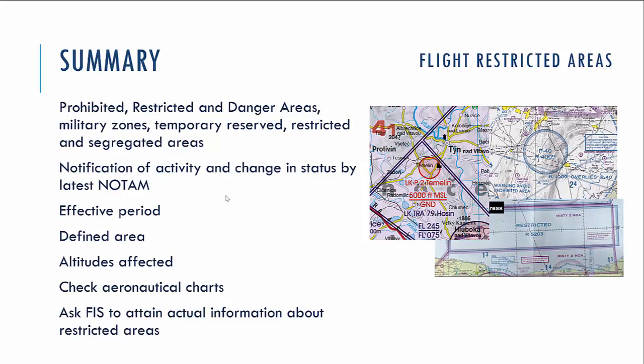Those areas could be permanent, they could be temporarily active, and you can find the boundaries of these areas on the aeronautical charts, together with the designator, the code of those zones, and the vertical boundaries of those zones.